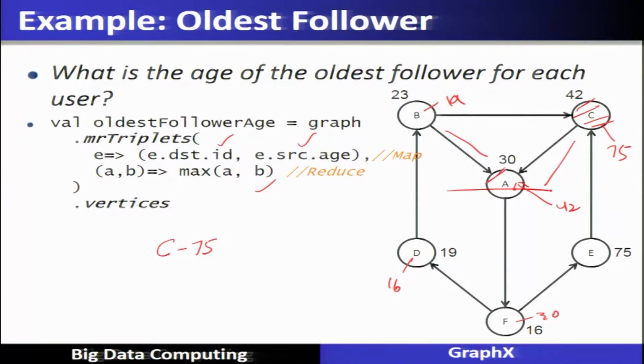You can see that A will have this triplet, and A will have another triplet. So, it will find the maximum of all the triplets a particular edge has, and this way it will emit the age value, and it will take the maximum in the reduce function.